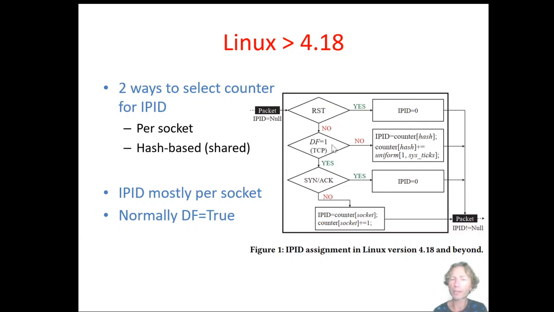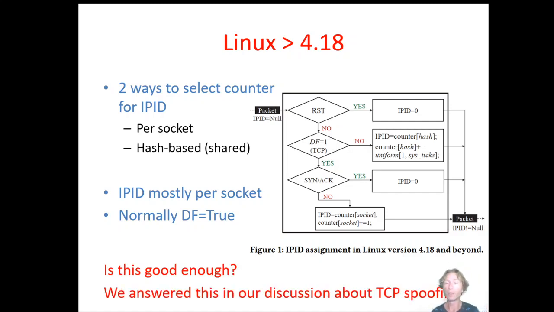If it's not a reset packet, it would typically use a per socket counter, and only in some unusual cases, if the don't fragment flag is not set, it will actually use one of 2048 counters based on a hash over some fields in your packet. Okay, so this is relatively complicated, but the question is: is this good enough? Well, we already answered that question in our discussion on TCP spoofing.